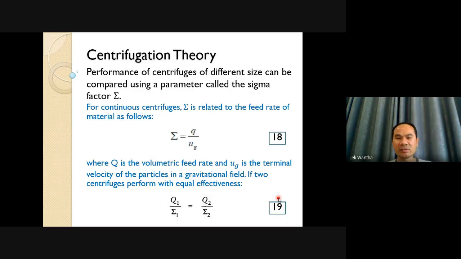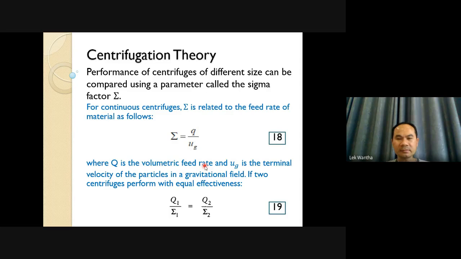Another technique used for scale up is the sigma factor. We use the sigma factor for scale up from lab scale to industrial scale. For the continuous centrifuge, sigma is Q divided by UG, where Q is the volumetric feed flow rate and UG is the terminal velocity based on G force.